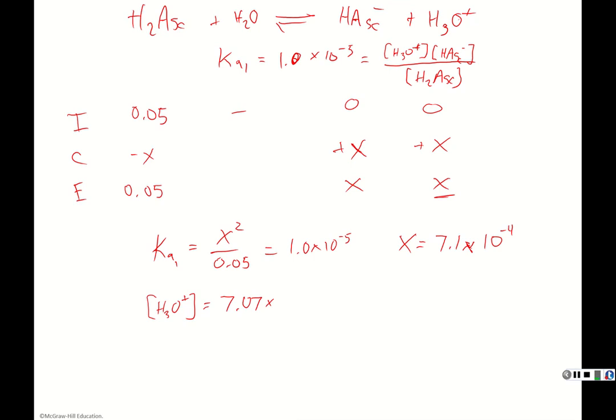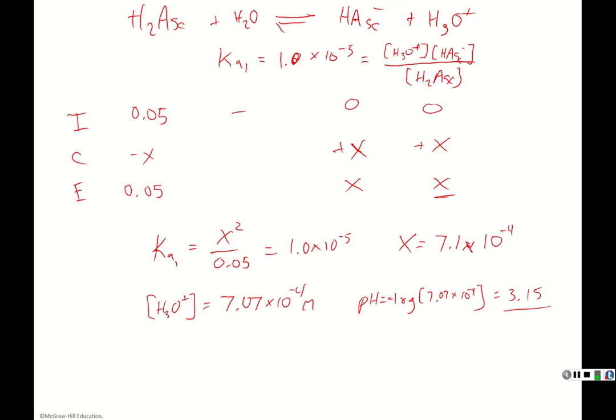I just rounded it to 7.1, but let's keep that unrounded. If that's what the H plus concentration was, the pH is the negative log of that, which would be 3.15. Okay, so we could calculate the pH there.